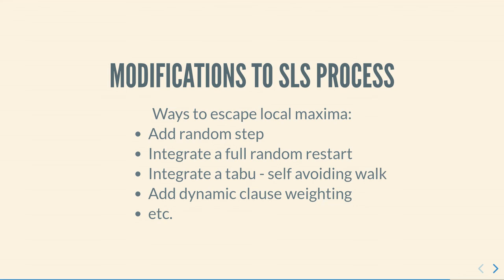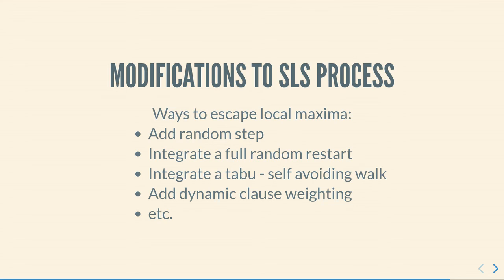Another way is called taboo, where we keep track of the set of recent variable assignments that we've just seen, as a way of remembering where the search has been, and then we force the search not to repeat itself, like a self-avoiding walk.